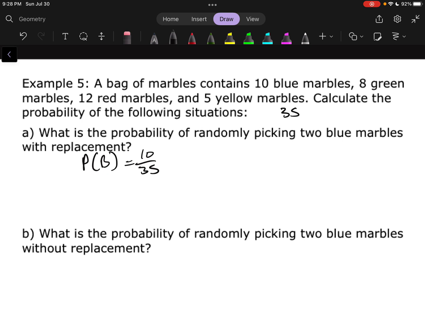I pick a blue, I replace it with another blue. So when I'm going in for that second marble, the probability of picking that blue the second time is still 10 over 35. I didn't go down to 9 blue, 34 total. It just stays the same because I replaced it. So 10 over 35 times 10 over 35 is all I got to do here.